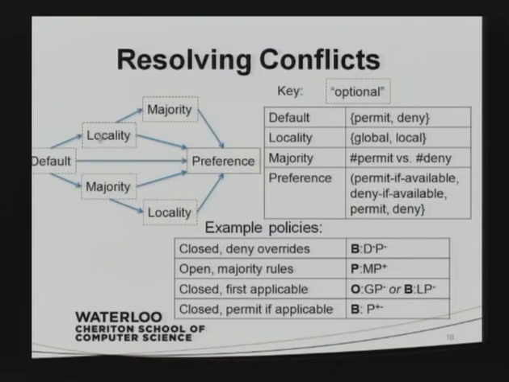Default, locality, and majority are all optional, so you can leave them out or use them. You must have preference in your policy. And the order can be default preference, or default locality preference, or default locality majority preference. What I mean by this graph is that this is the order in which you're going to try to make a decision.